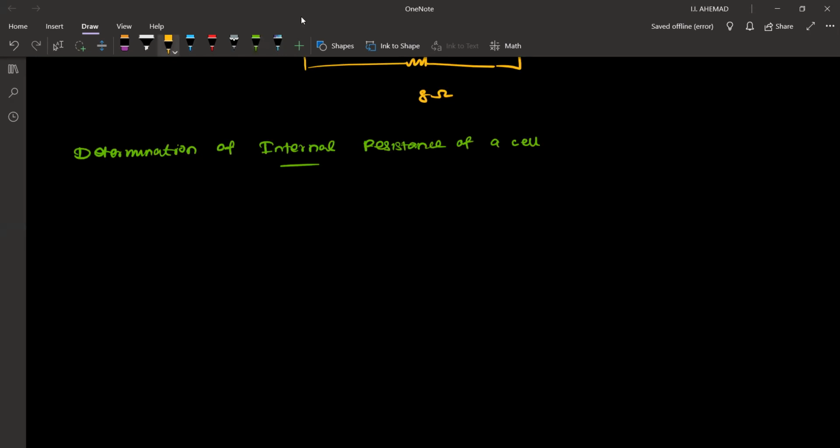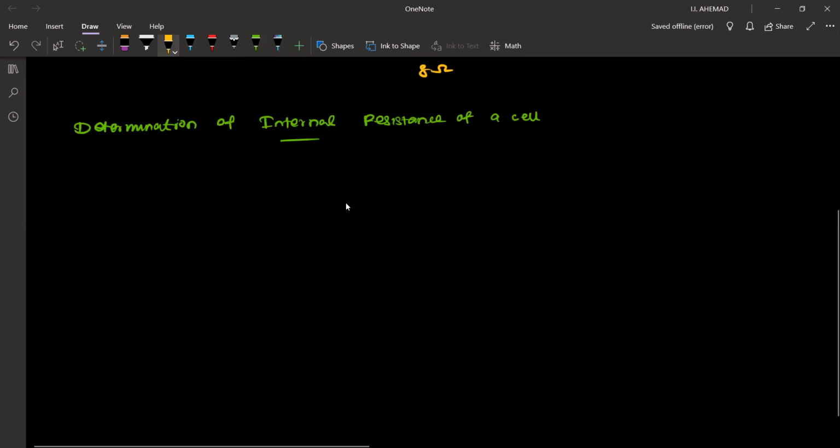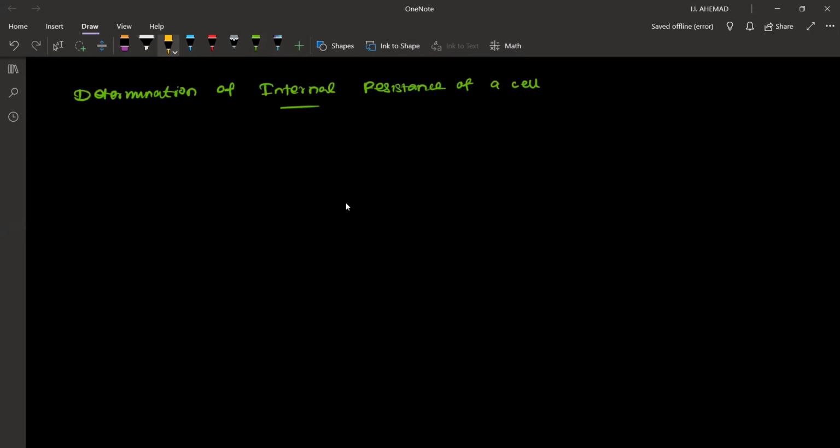So if we draw the setup, the primary circuit setup is similar. It won't change. So here, this is our primary circuit.